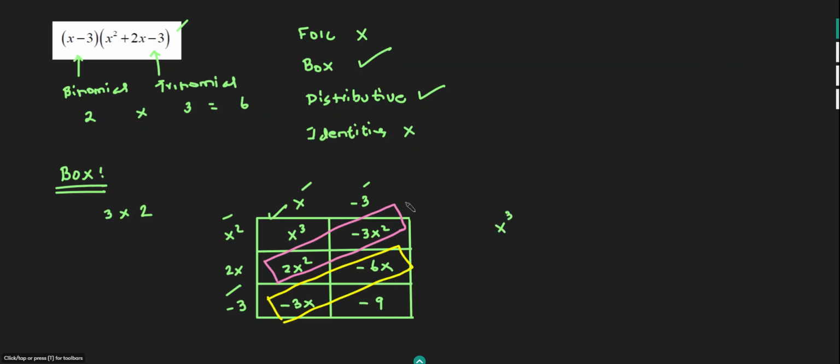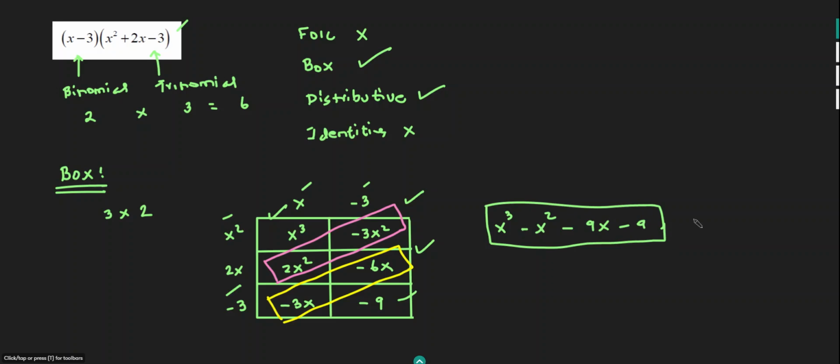And then the first diagonal, which is 2x squared and negative 3x squared, simplifies to negative x squared, and then negative 3x and negative 6x, which is negative 9x, and finally we have negative 9. So this is the product that we get after multiplying the binomial with a trinomial.